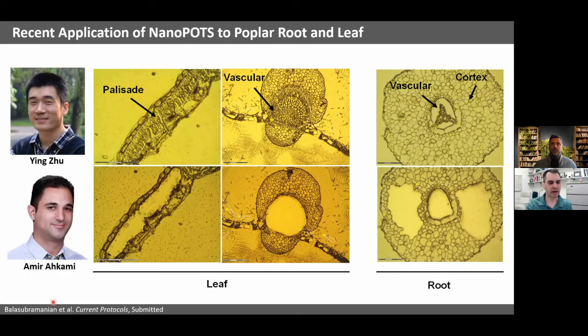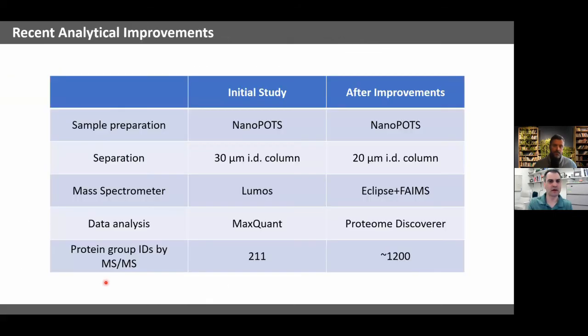And they've come up with a very nice protocol optimizing the sample isolation, fixation, embedding, and things like that to maximize proteome coverage from various regions of plant tissue. I believe that protocol will be out soon, and I think that will be a really good resource for optimizing these nanoproteomic methods for plant tissues.